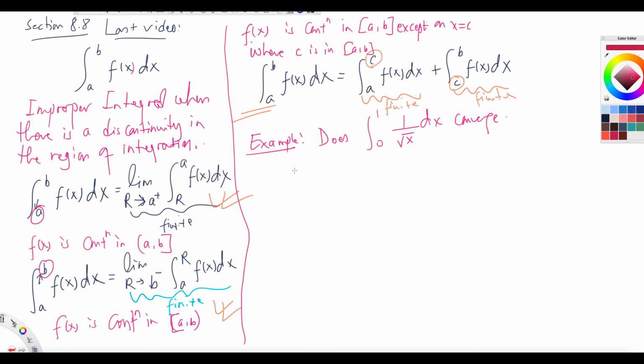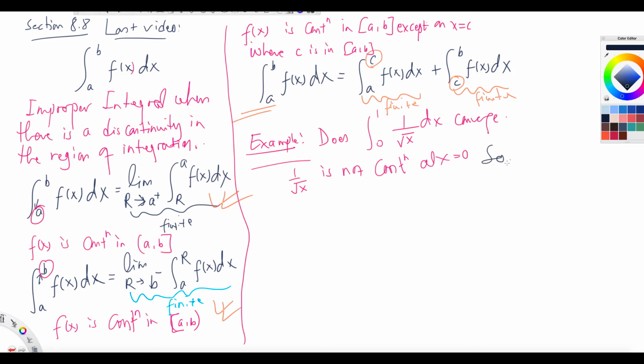So here 1 over root x is not continuous. That's the solution. Okay, not continuous at x equals 0, because we will get 1 over 0 there. That is the reason.